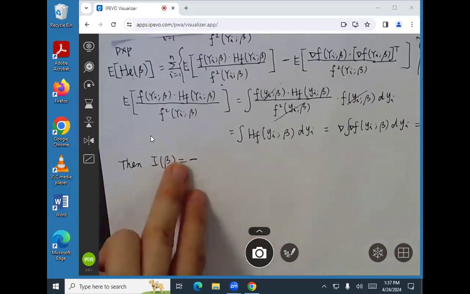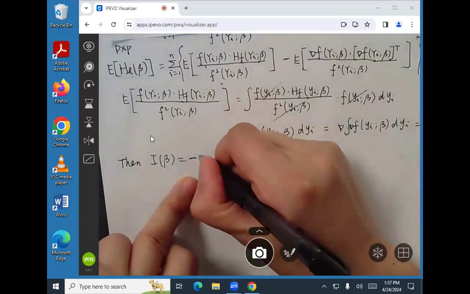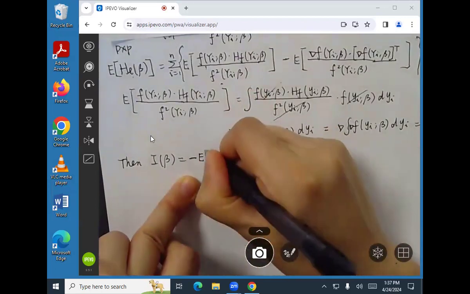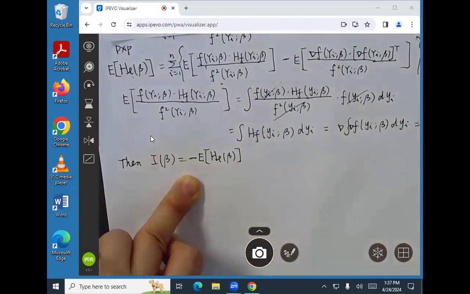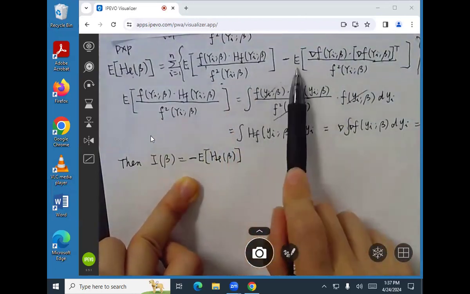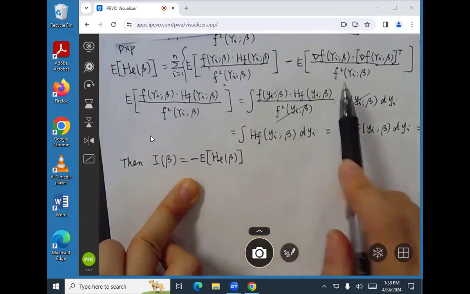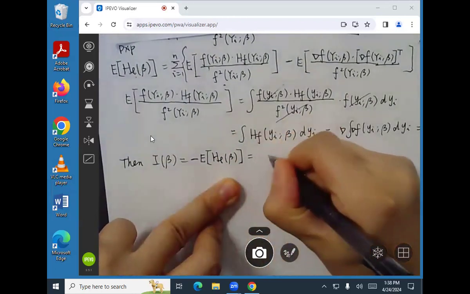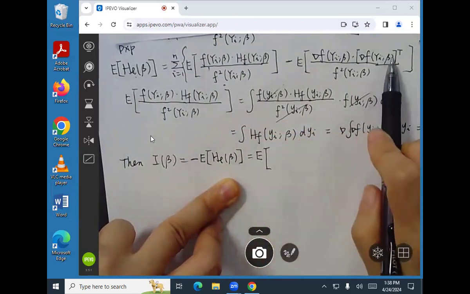Okay, then the Fisher information is defined as the expectation of the negative of the Hessian of the log likelihood. Now we're only left with this term. The negative sign is gone, right? So it becomes just the expectation of this.